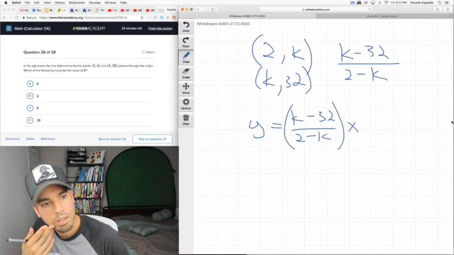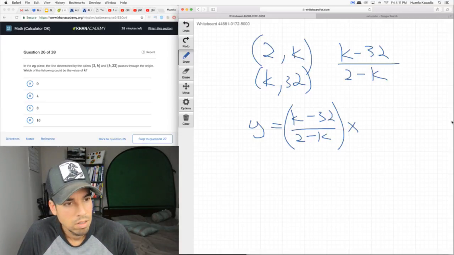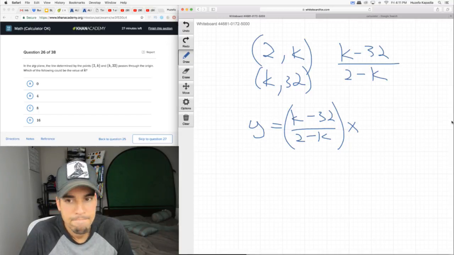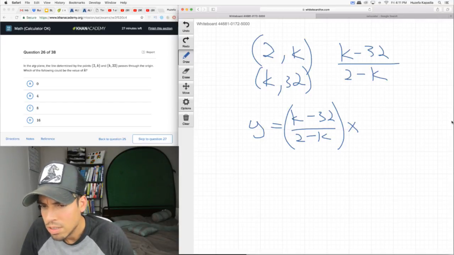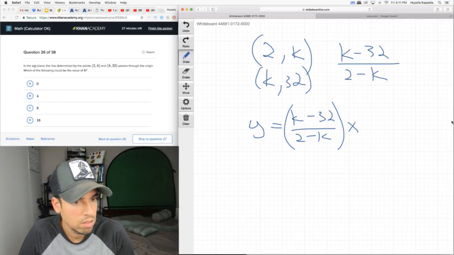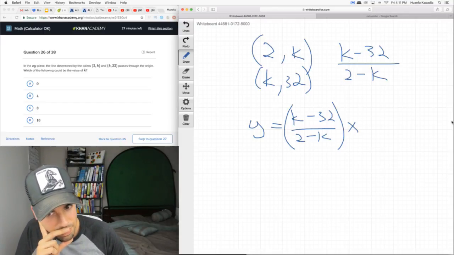So the slope could be... what? Wait, that's my slope. And then therefore, could it be 0, negative 16? I'm not sure. Which of the following could be the value of k?